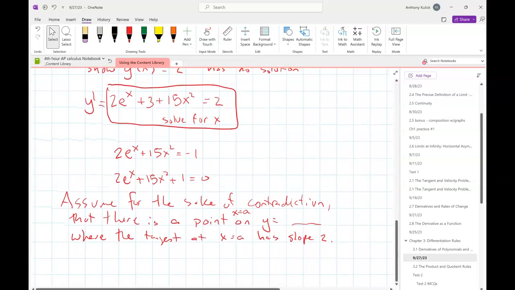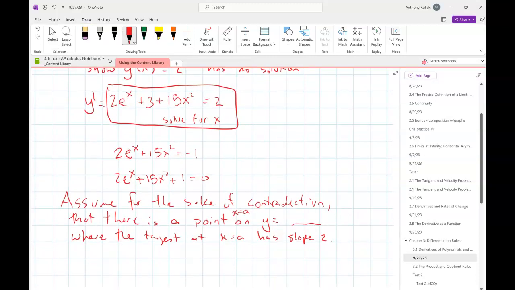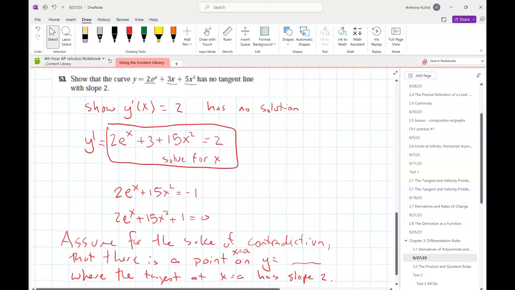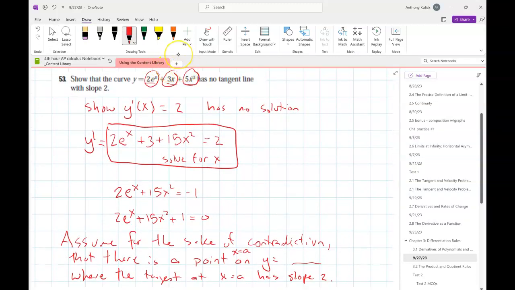Okay, I'm going to assume that it exists, right? That we have this. So, since y equals yada yada yada is continuous, why can I say it's continuous? Continuous plus continuous plus continuous is continuous. So the first piece is continuous because it's exponential, and the second pieces are continuous because they're polynomial.